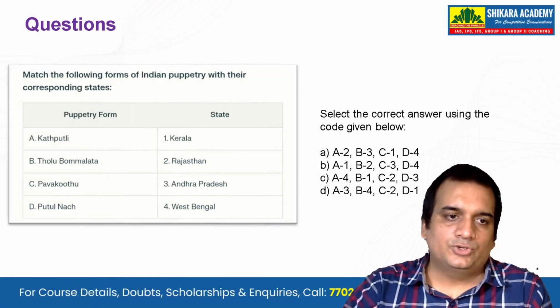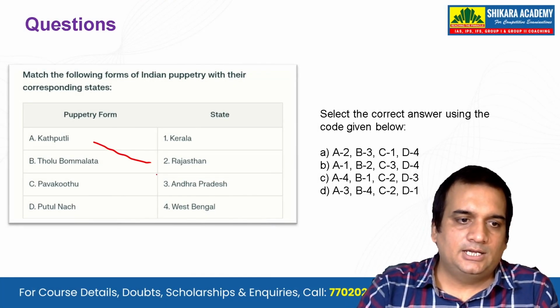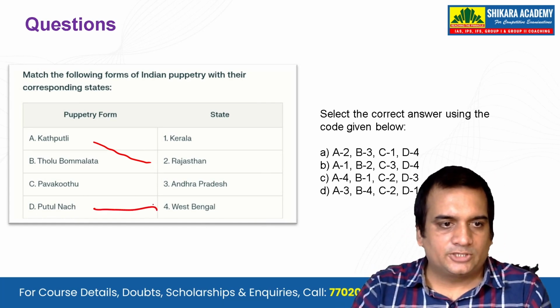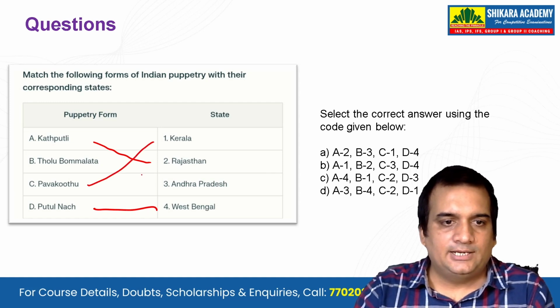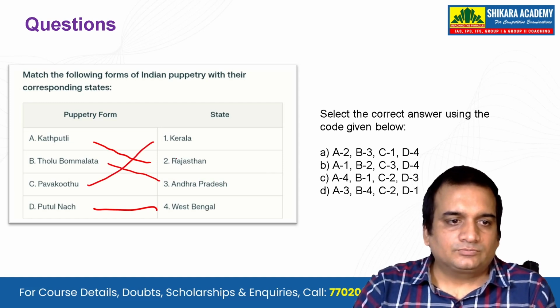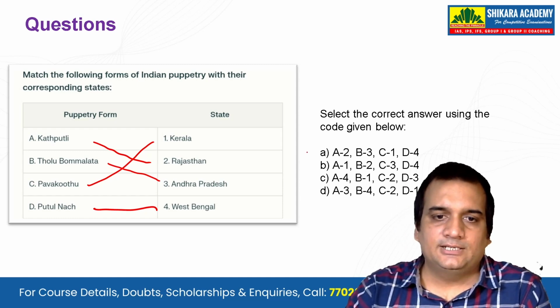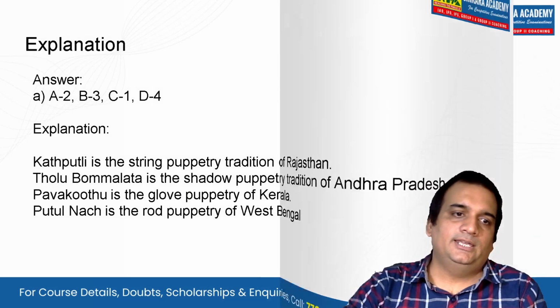Okay, next question, we have Kathputli, which should be Rajasthan, and then Putul Nach, which should be West Bengal. Then Pavakuttu in Kerala, and then Tholu Bommalata, that should be Andhra Pradesh. So with this, I think A should be the correct answer, and yes, A is the correct answer.